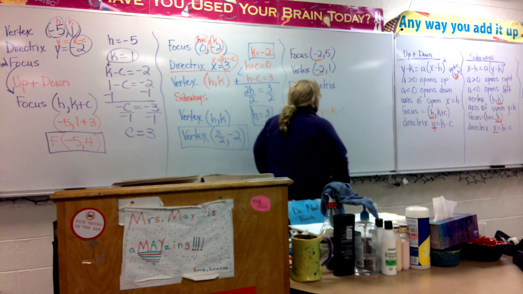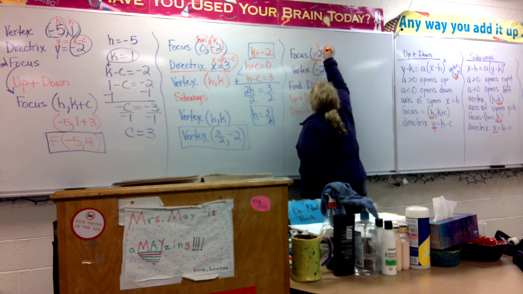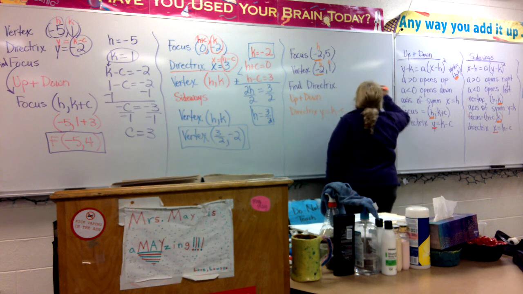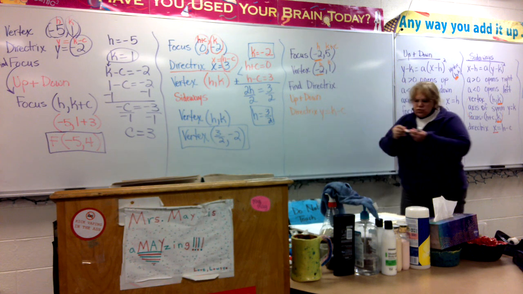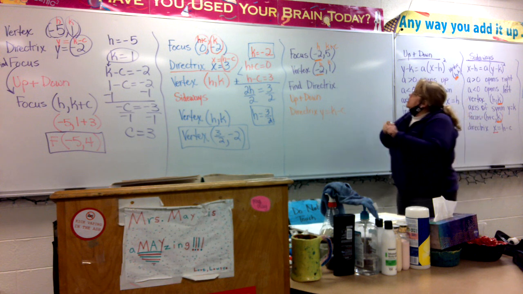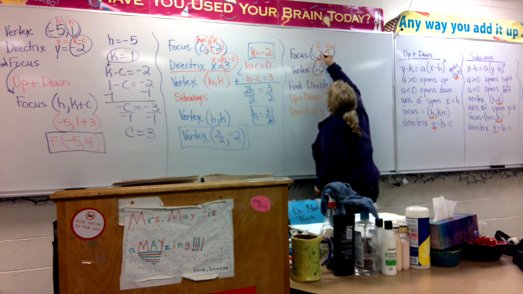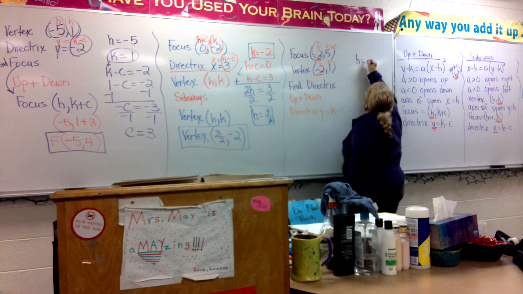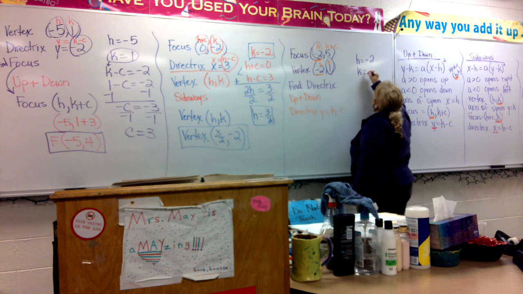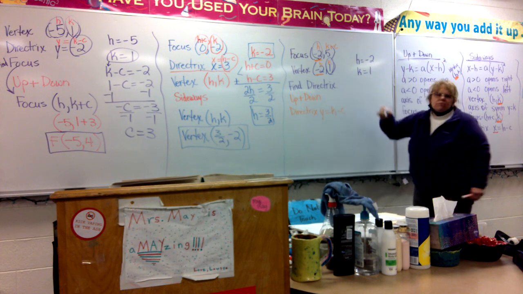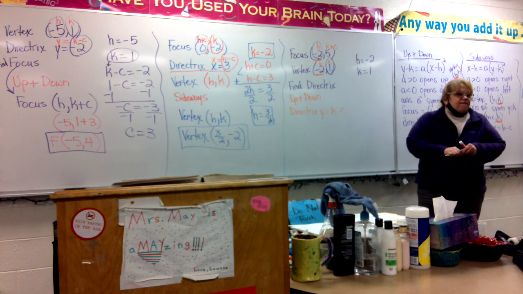Now, label h, k, and the focus of an up and down. So what do we know? H is -2. I like to write the numbers that I actually really know first.